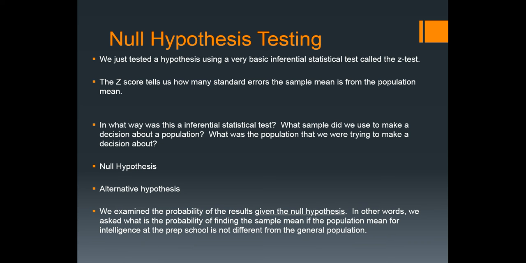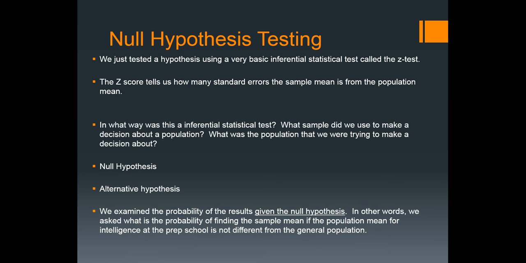And the alternative hypothesis that he put forward says that there is in fact a difference and that his school population has a higher IQ than the general population. So what we did was we examined the probability of the results given that the null hypothesis was true. That 0.0025 tells us the probability of these results given that the null hypothesis is true.